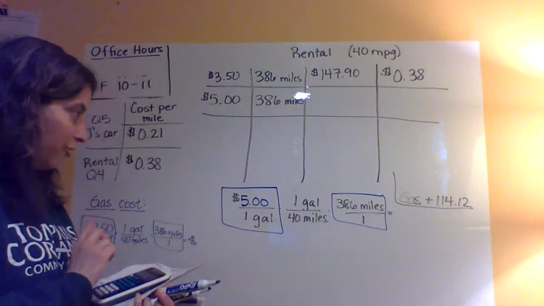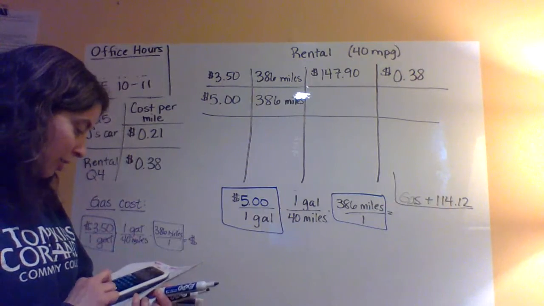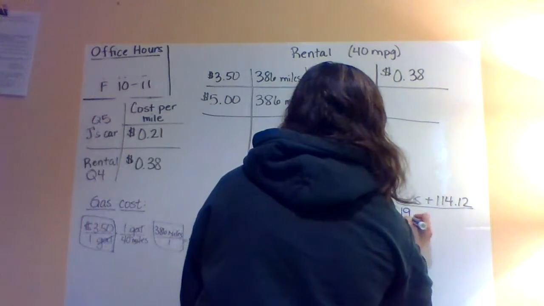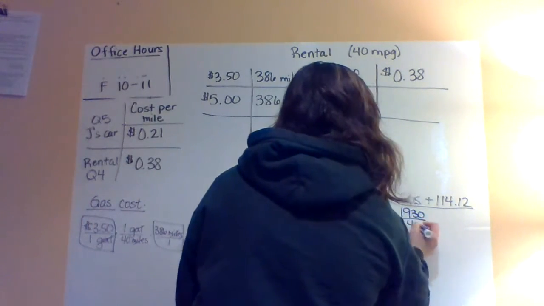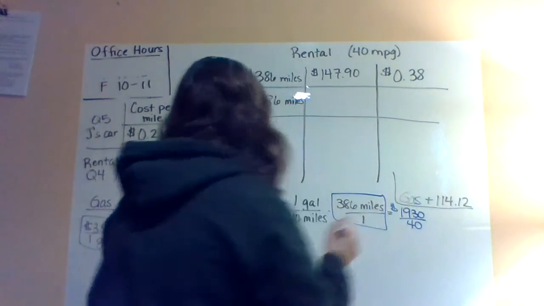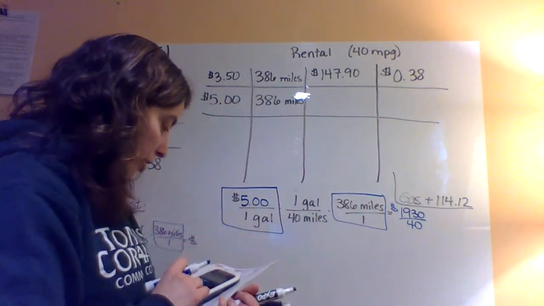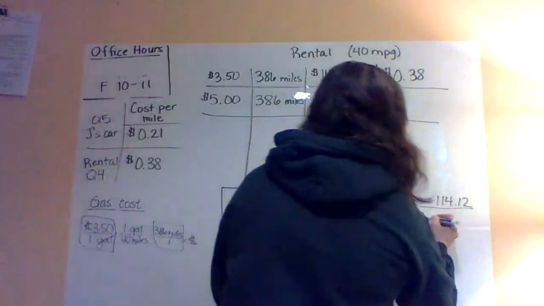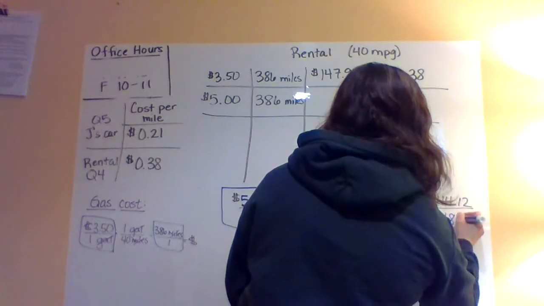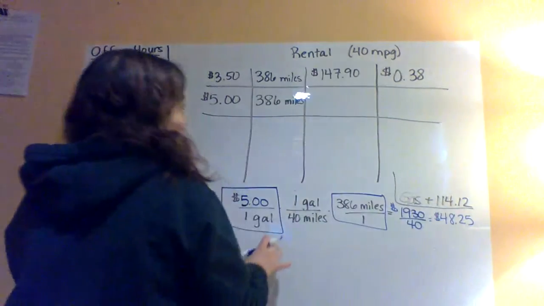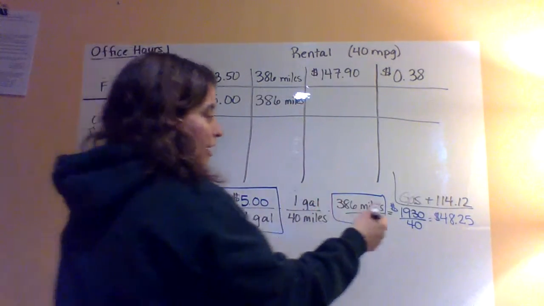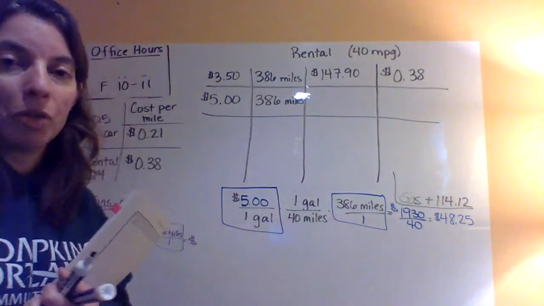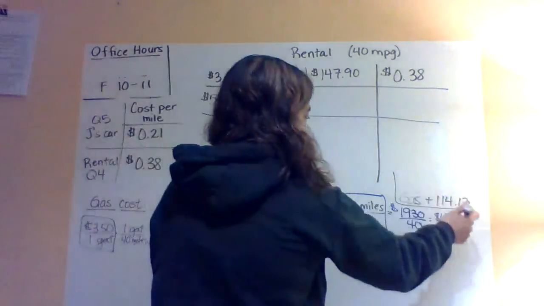So now we do 5 times 386 across the top. That's going to be 1930. We're dividing by 40. Remember, this is giving us dollars. And we get 48.25. So what is that? That's the cost of gas. We know that the total cost also includes the rental fee and the tax, which are included in this 114.25 or 114.12.